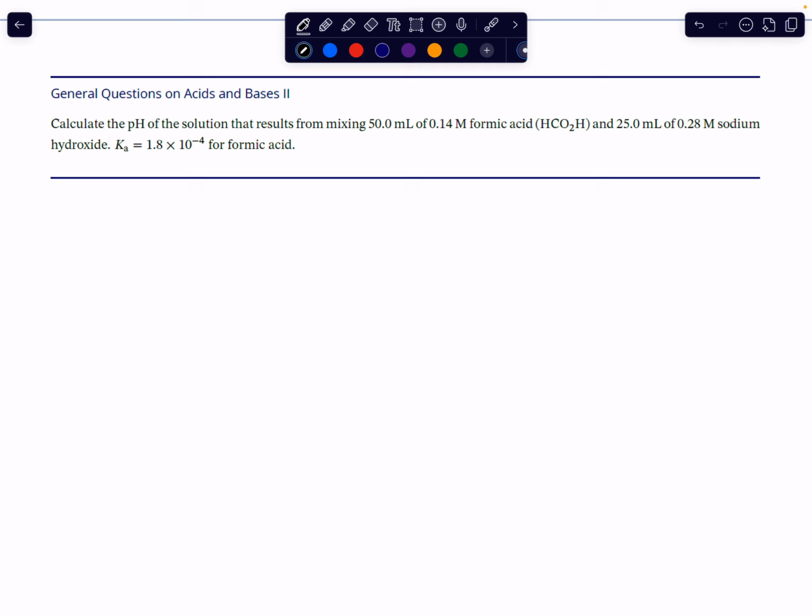So if we write it, the formic acid, HCO2H, aqueous solution, plus sodium hydroxide solution should be strongly product forming. And because the formic acid is the acid, it donates a proton, so it gets deprotonated, HCO2 minus aqueous plus the sodium hydroxide.